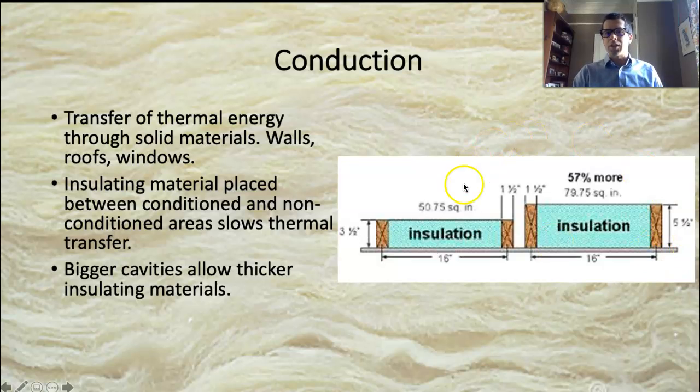Here's a diagram showing a 2x4 wall, 16-inch on center, showing how much insulation material you're able to get in versus a 2x6 framed wall, and you get 57% more insulation inside that cavity.